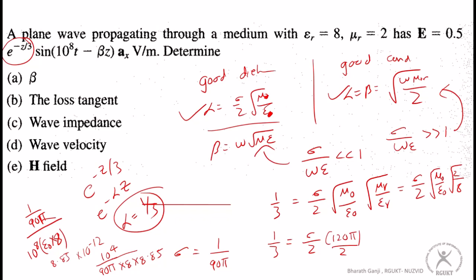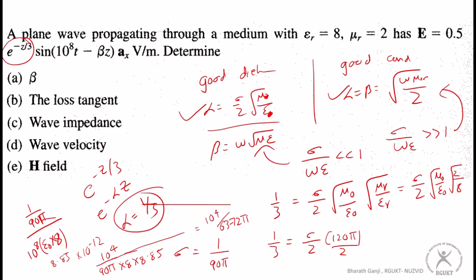So the denominator is 90 into pi into 8 into 8.85, and the numerator is 10 to the power of 4, divided by 63725 into pi.